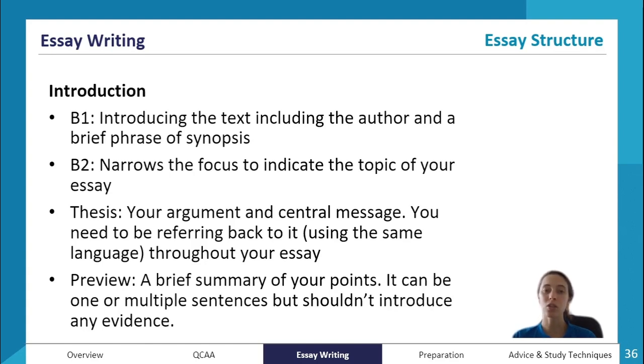That is not showing any analysis or adding really any value to what you've actually been asked to do in the prompt. So that first sentence is about who wrote it, what is it called, and what can you tell us that's a broad kind of statement about it that's relevant to provide some kind of context.